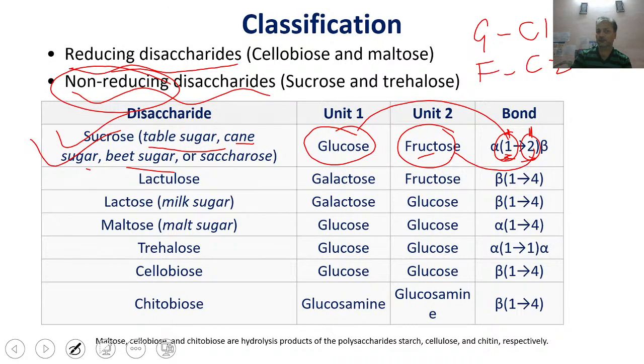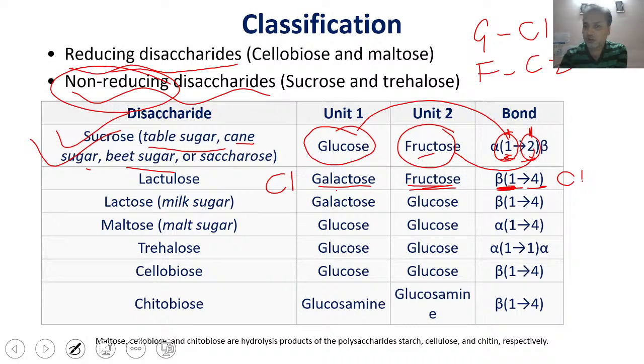Similarly, if you go for lactulose, the bond formation is between galactose and fructose. Galactose is similar to glucose only. So in galactose also, C1 is anomeric. So we have used the anomeric carbon of galactose, but from fructose we are going to use the fourth carbon, not carbon number 2.